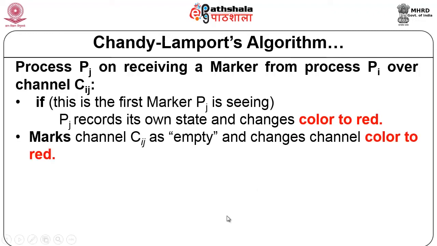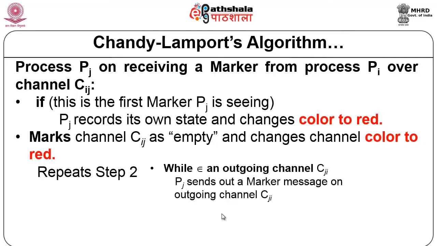Also, this is the time when it marks this channel Cij to be empty and changes the color of the channel to red. So, I receive a marker along a channel, I record my state, I change my color to red, and I change the incoming channel's color to be red. And then I repeat step 2.